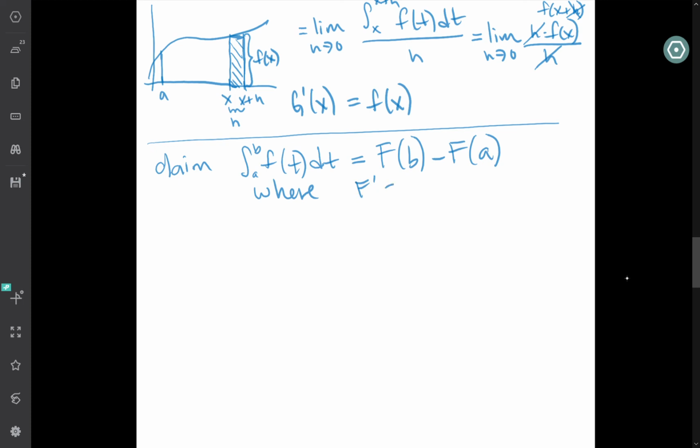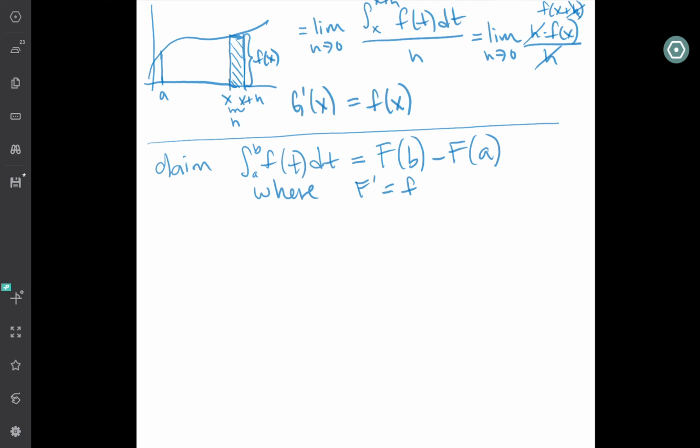Big F prime is equal to little f. And now that we have this second part of the fundamental theorem, it makes it actually pretty quick to verify this. We went through it intuitively, and I don't think it's a big stretch to believe this, but I do want to verify it a little bit.